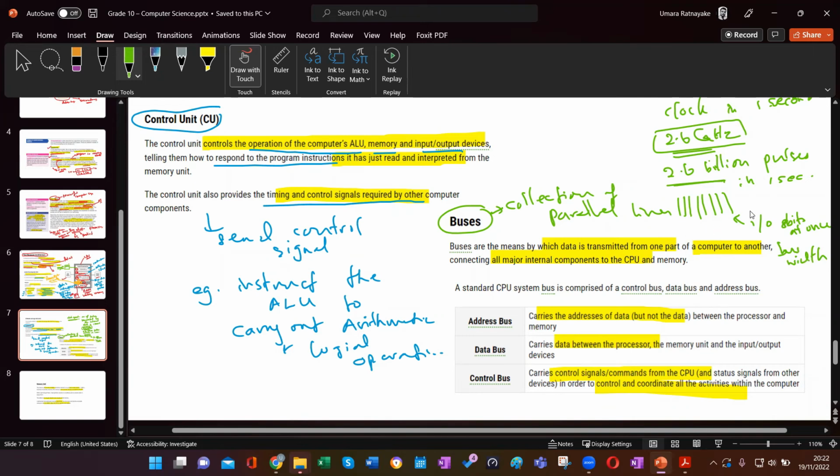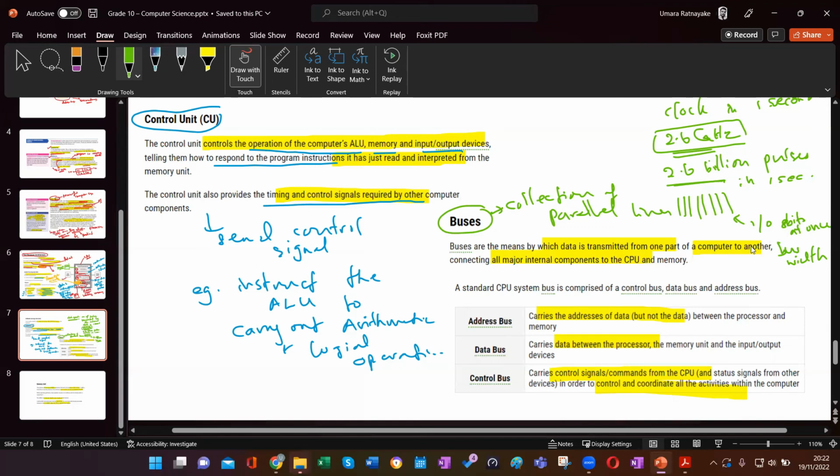When you have more parallel lanes, more vehicles can move. More data can move. So similarly here, when the bus width is more, you can send more data. This is another thing that you should be aware of when you're buying computers, the bus width. And bus width is measured in bits.